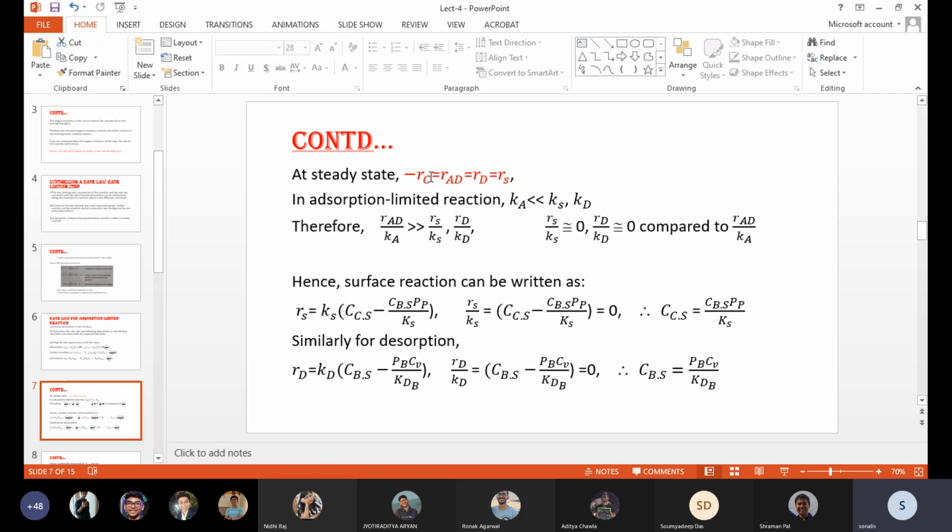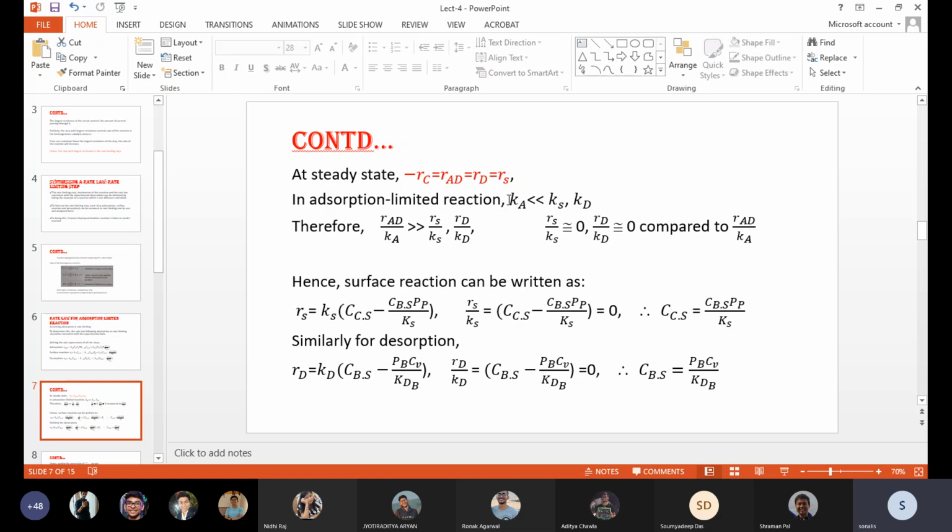Minus RC, the overall rate of the reaction at the steady state, is equal to the rate of adsorption, is equal to the rate of desorption, is equal to the rate of surface reaction. At this condition, as we have considered the rate of adsorption is the least, that means it is the rate limiting step, the rate is the slowest.